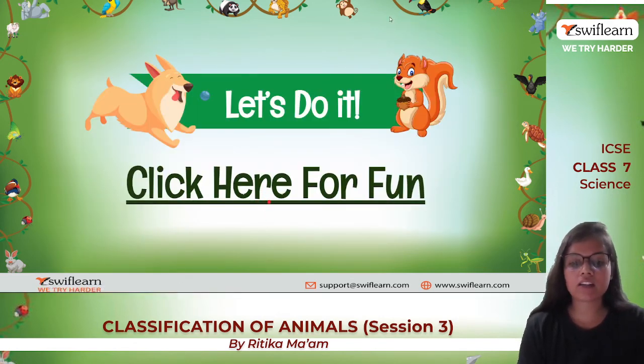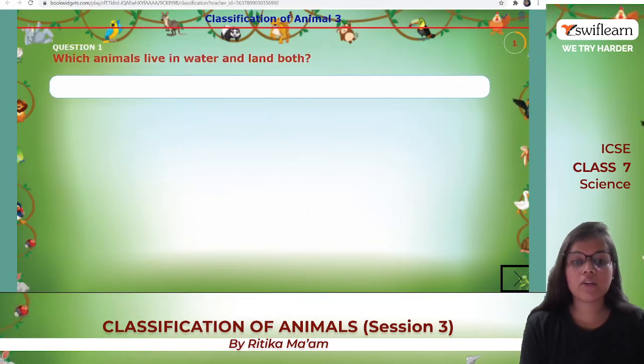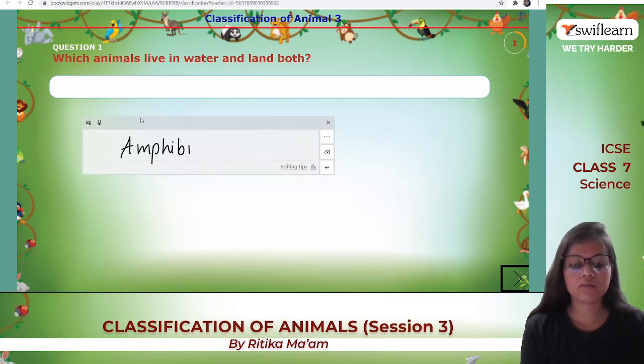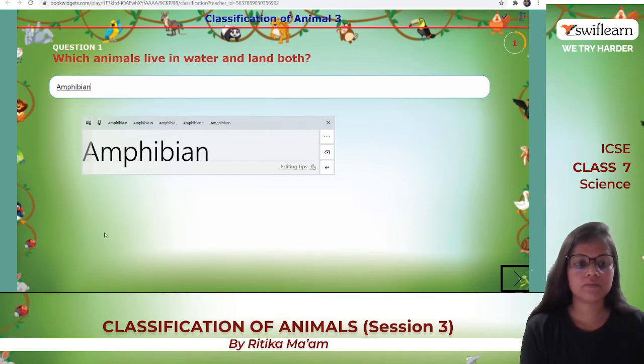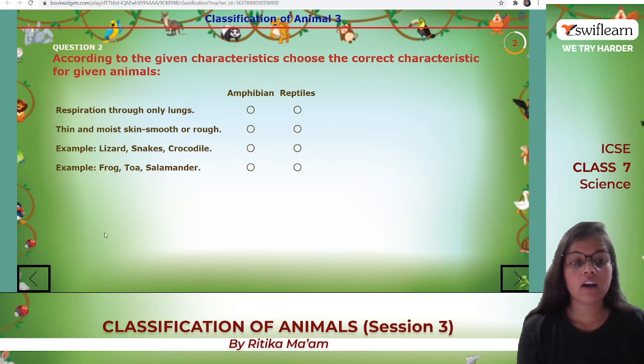Okay, let's do an activity to see whatever we have learned. Which animals live in water and land both? So we have amphibians. Okay, then according to the given characteristics, choose the correct characteristic for the given animal. So the animals which respire only through lungs are reptiles.